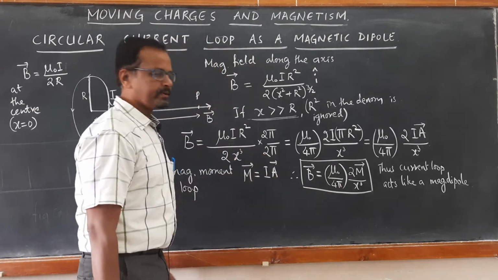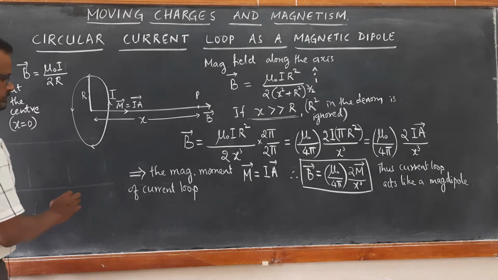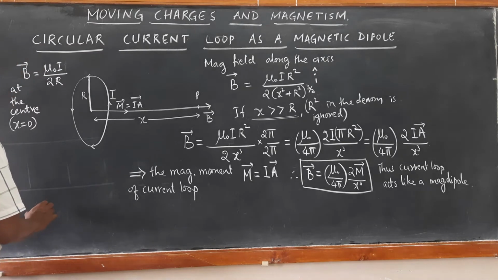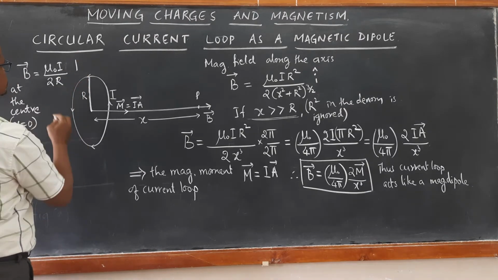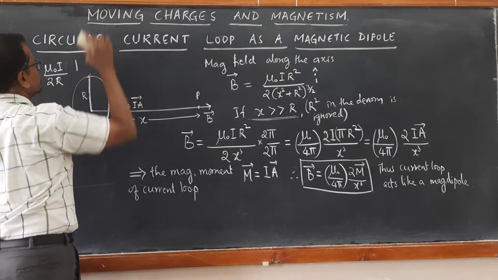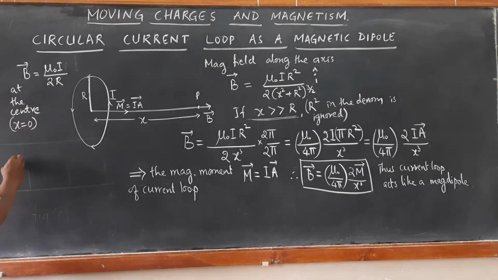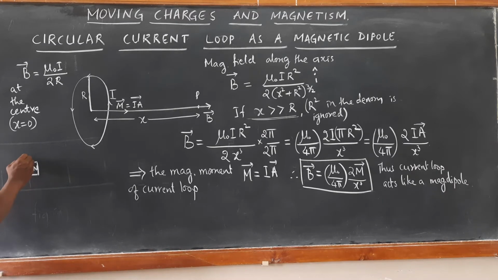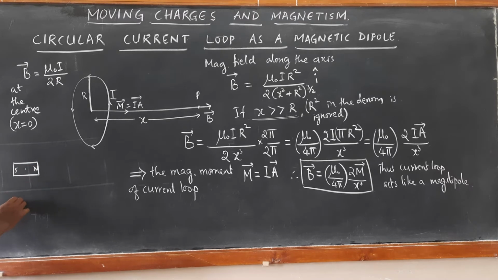So this can be compared with a short dipole. Suppose it is a short dipole, I am drawing here itself. N S. So this is a magnetic dipole, a short dipole.